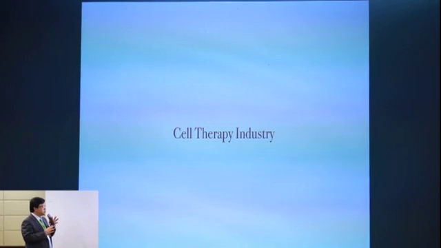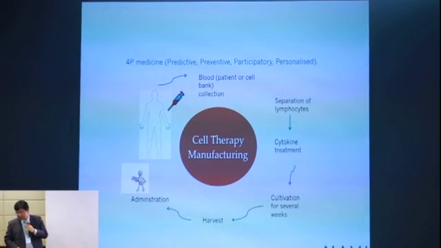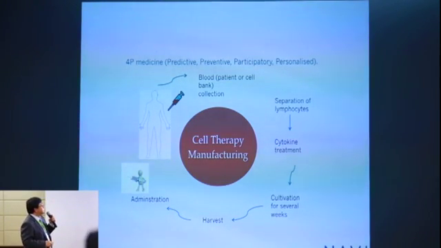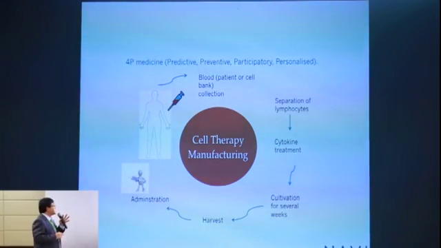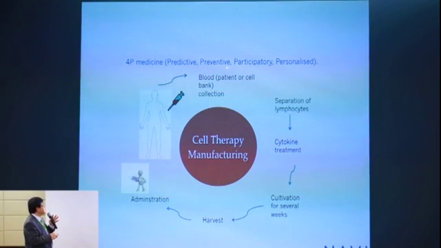Until now, cell therapy is not a single technique, it has become an industry. How about the situation of the cell therapy industry? Many experts say that 4P medicine will be the trend in future medicine. What is 4P medicine? 4P means predictive, preventive, participatory, and personalized.